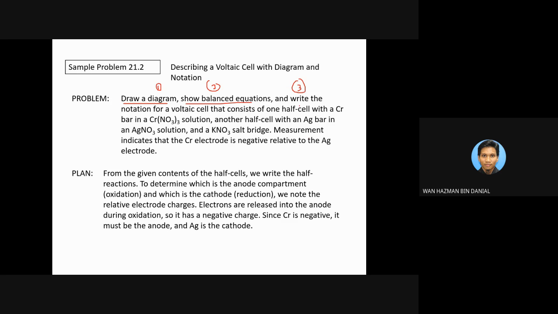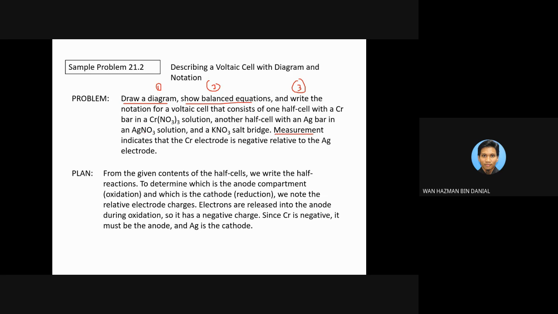It consists of one half cell, chromium bar in chromium nitrate solution, and another half cell with silver bar in silver nitrate solution, and a NaNO3 salt bridge. Measurement indicates that the chromium electrode is negative relative to the silver electrode.